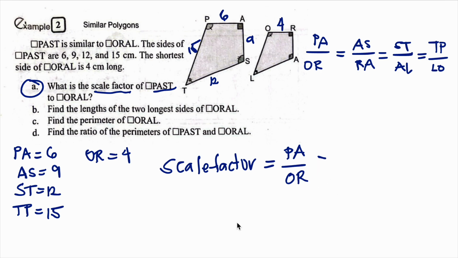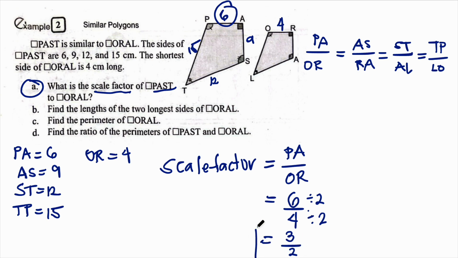So we can find the scale factor using the measurement of PA, which is 6, over OR, which is 4. We reduce 6 over 4 to lowest terms by dividing by 2: 6 divided by 2 is 3, and 4 divided by 2 is 2.